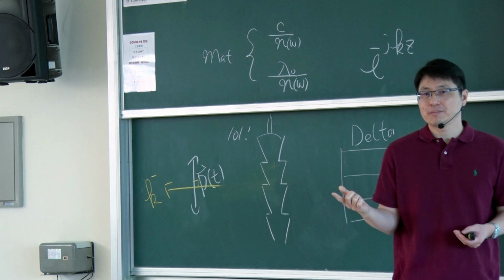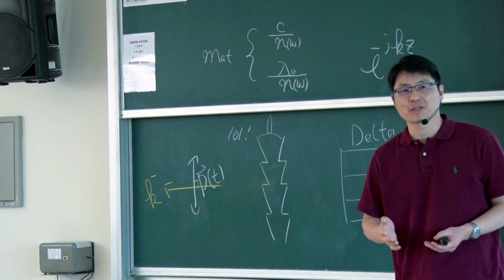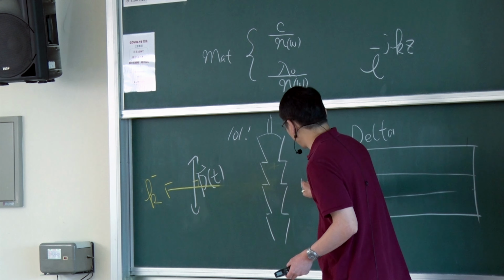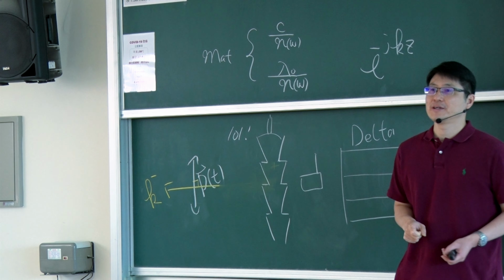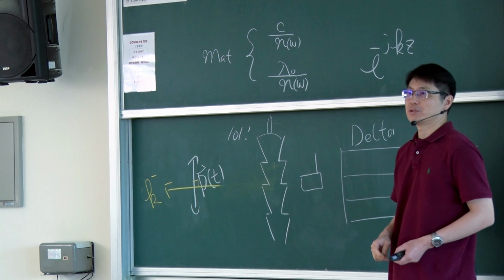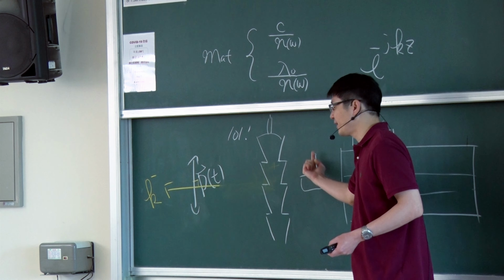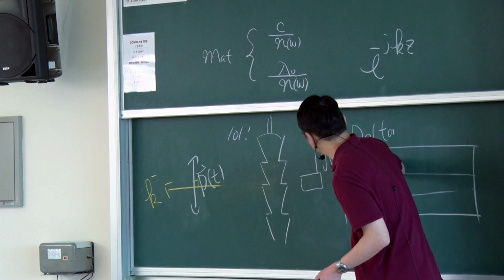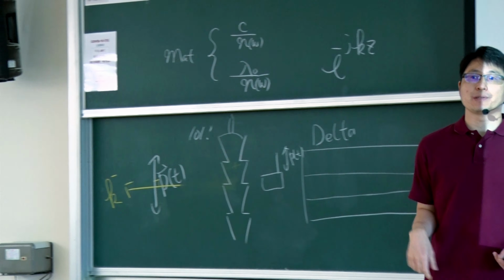So if you become an engineer working for some telecom company, and your boss wants you to set up Wi-Fi, with an antenna, this antenna is giving rise to accelerated charges.